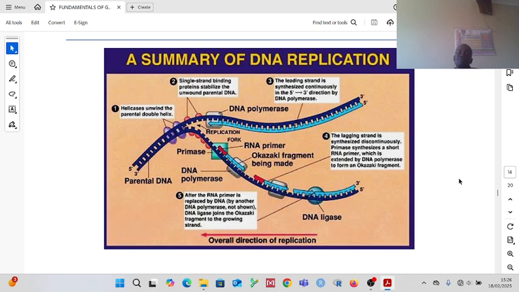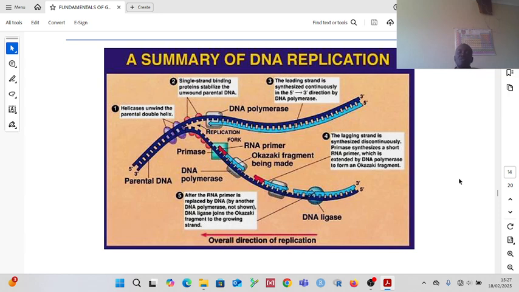So then, what is the need for DNA replication to also happen outside our bodies? It could be, for example, that you want to amplify a particular DNA.